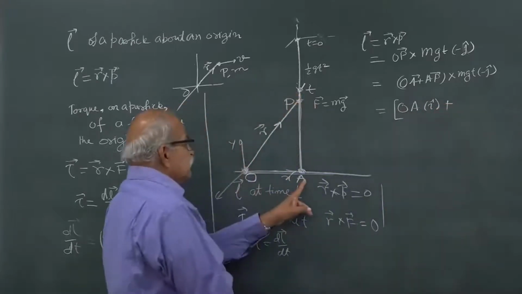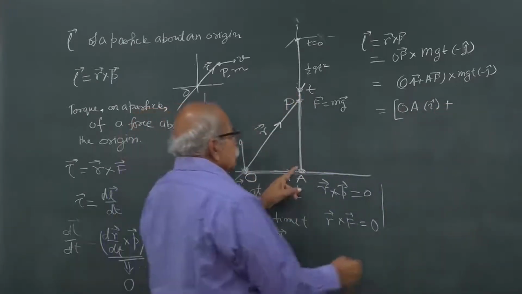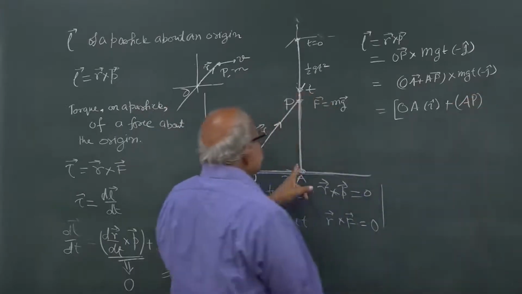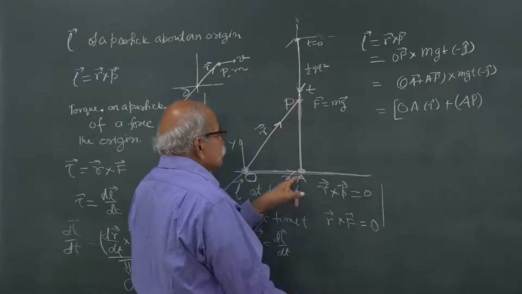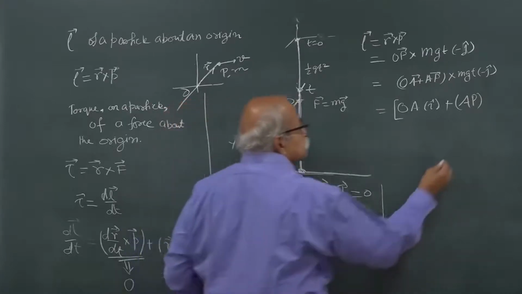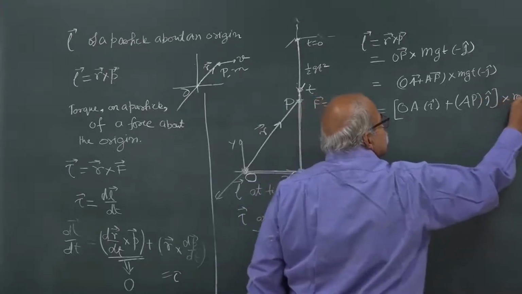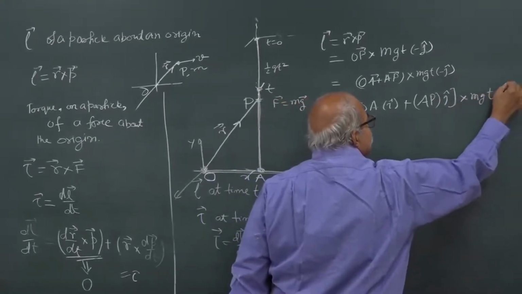plus AP. So, it is AP times this j vector and cross mgt minus j cap.